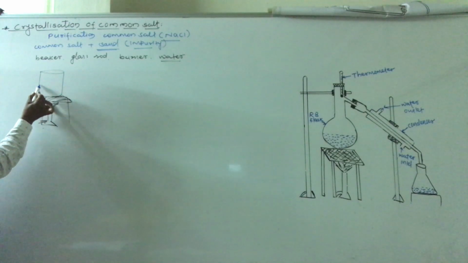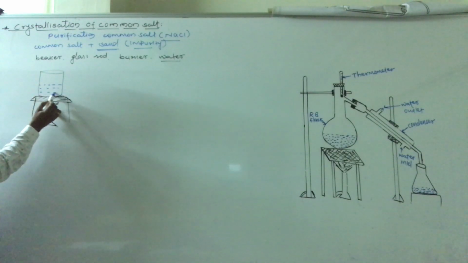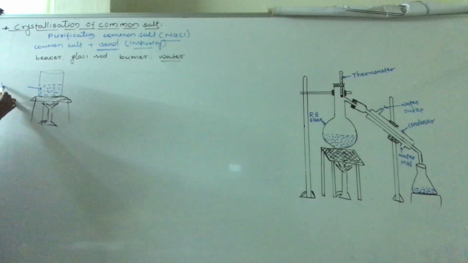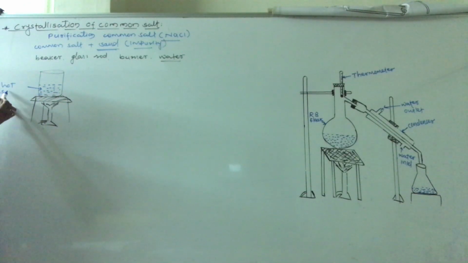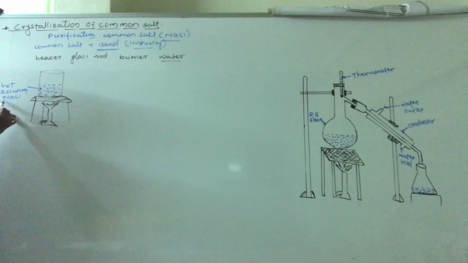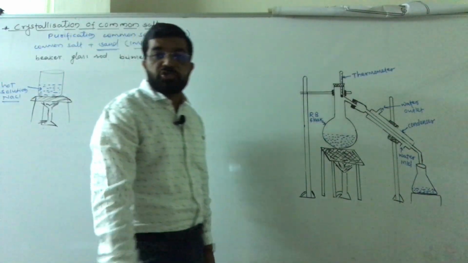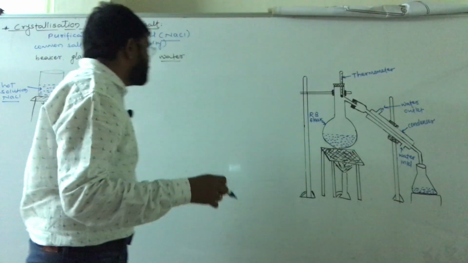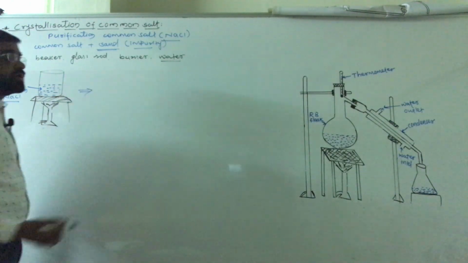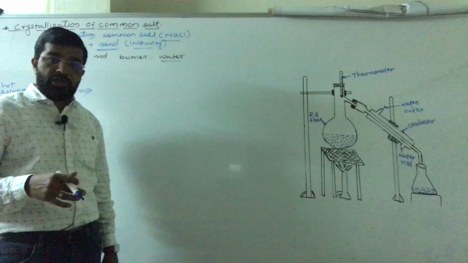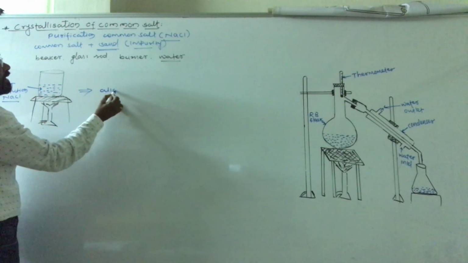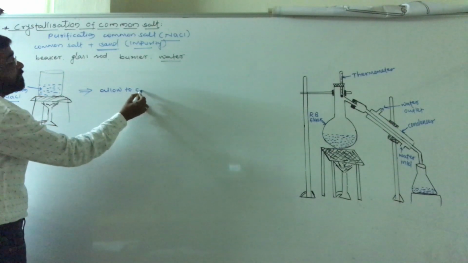You see, this is nothing but the hot saturated solution of sodium chloride, the hot saturated solution of common salt. Then after the preparation of the hot saturated solution of common salt, this solution is allowed to cool.